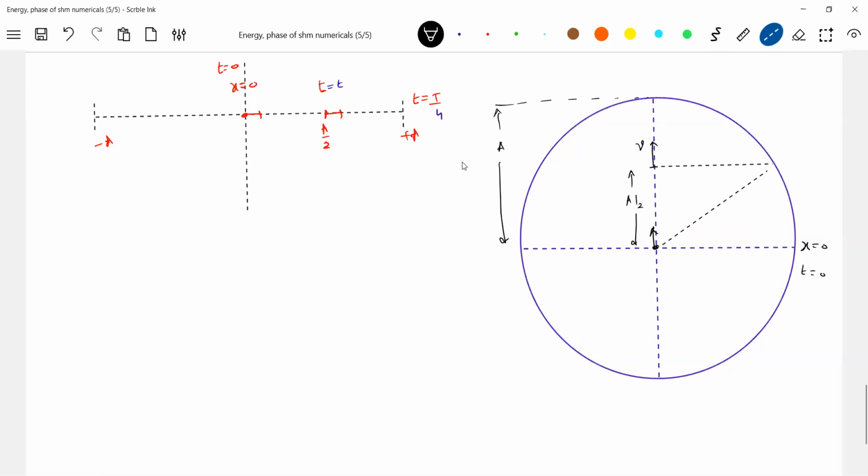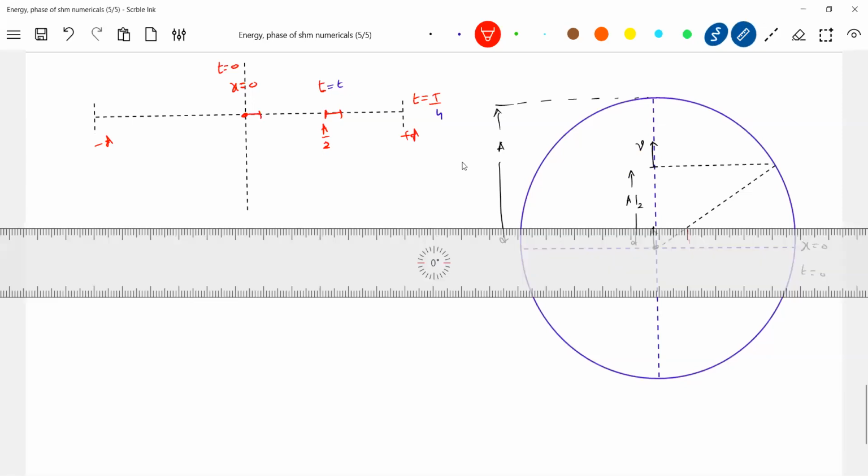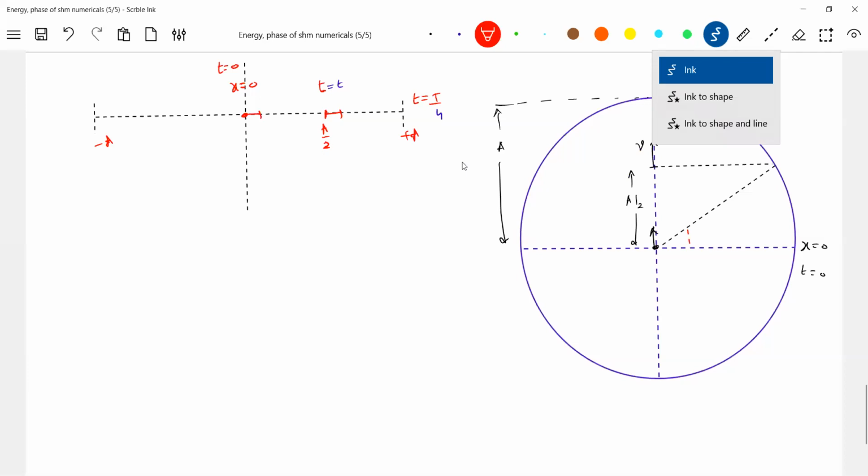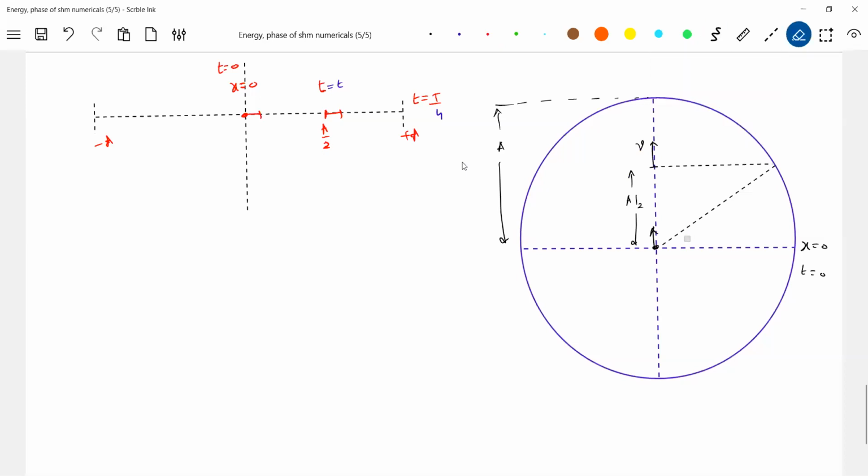Let me again take the same approach. This is angle theta or phi. Let me write theta here.